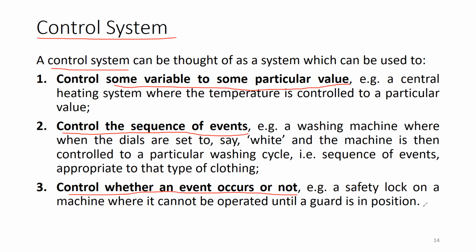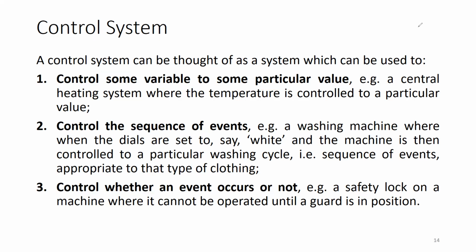Once the tool or the workpiece has properly been loaded on the machine by the worker, then after shutting the door of the machine, the worker should be positioned at a given point. Only then should the operation of the machine start. That type of system can also be controlled by a control system.